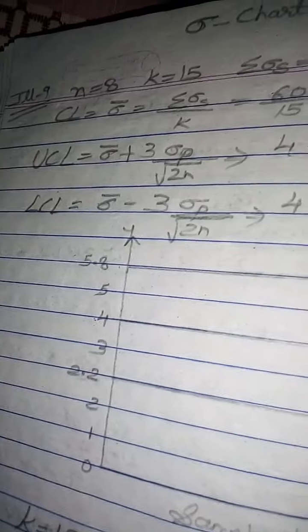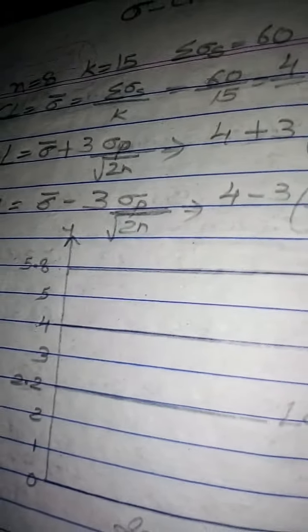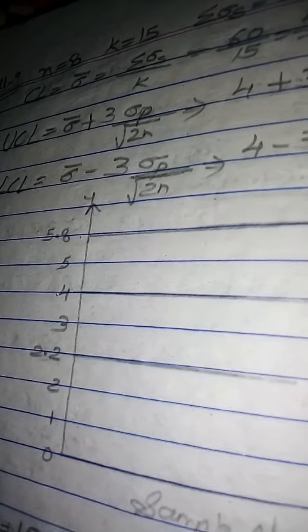The central line will be standard deviation bar, which is sigma standard deviation by k, 60 by k 15, is 4. The UCL formula will be standard deviation bar plus 3 standard deviation population divided by root 2n, plus and minus. Then by putting the values in our formula, we get like this.